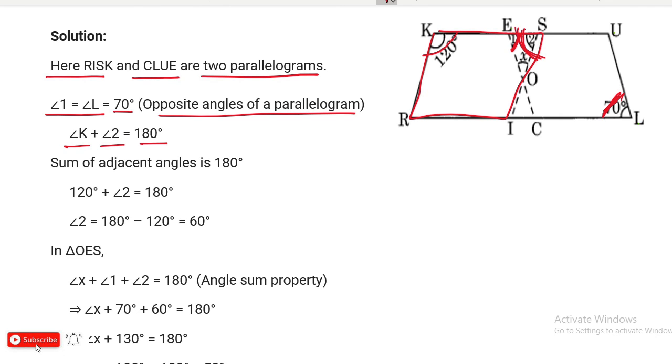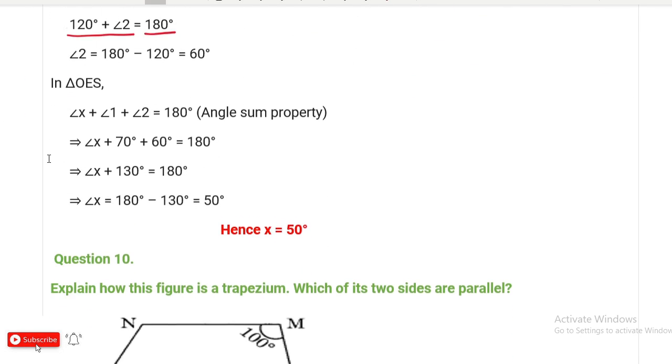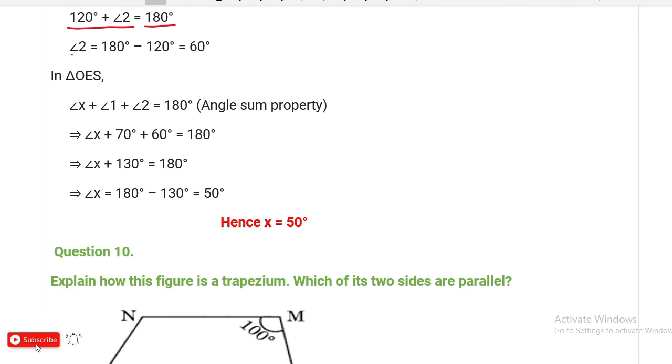By the property of the parallelogram, adjacent angles add up to 180. So we can write here 120 plus angle 2, this is equal to 180. Now angle 2 is equal to 180 minus 120 and this is equal to 60.